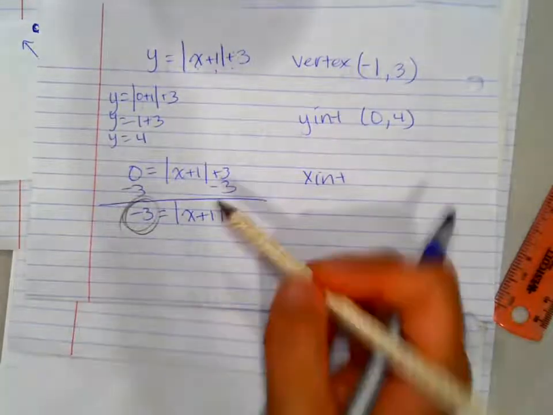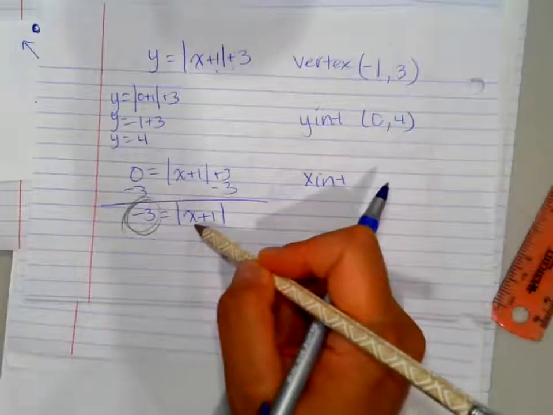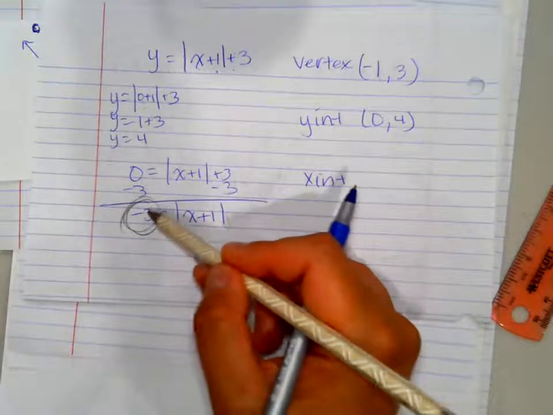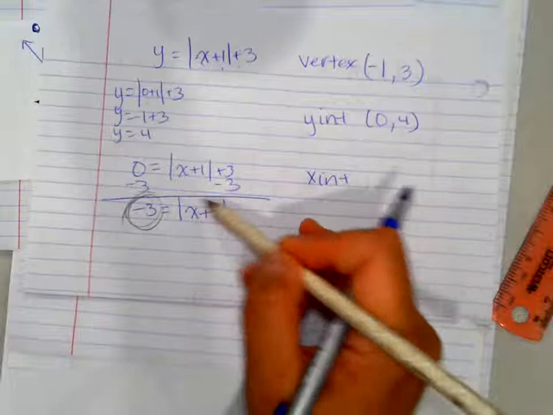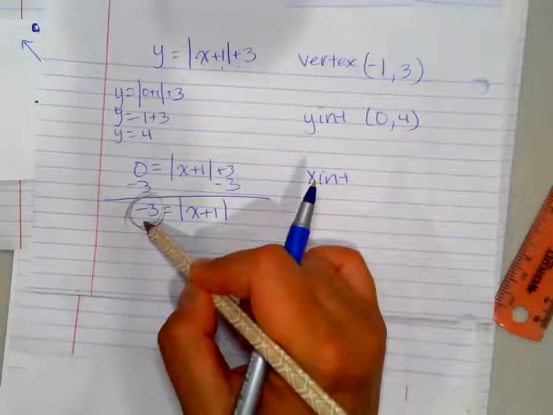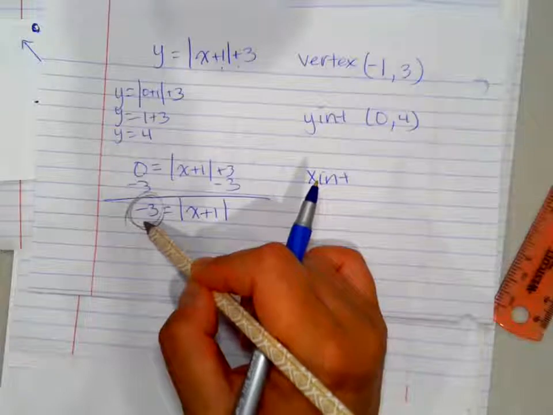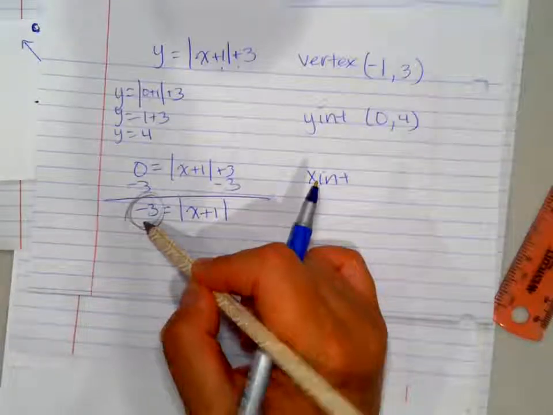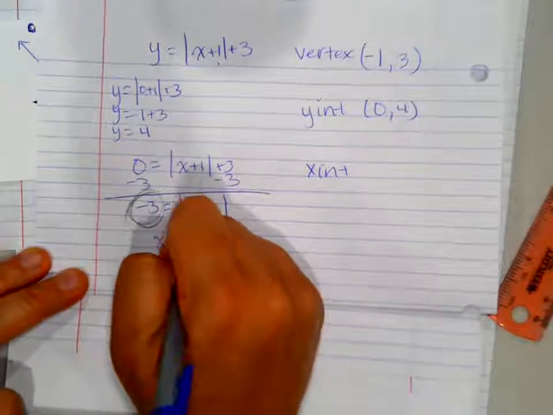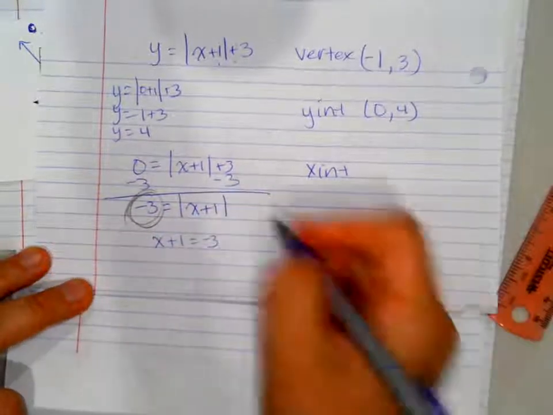There is no number that I can put in here to make that true. So once the absolute value is all by itself, and there's a negative on this side, you are going to have no solutions, because I can't set this up. I can't say x plus 1 equals negative 3.